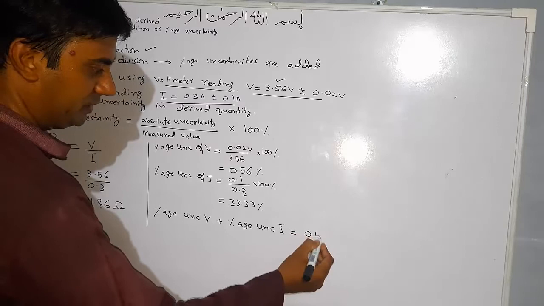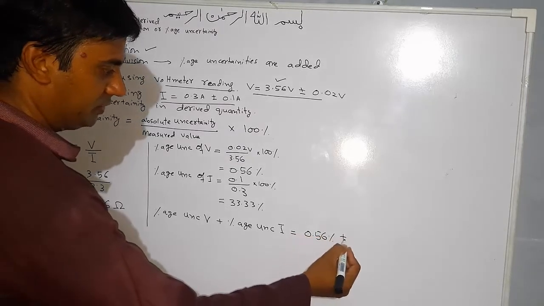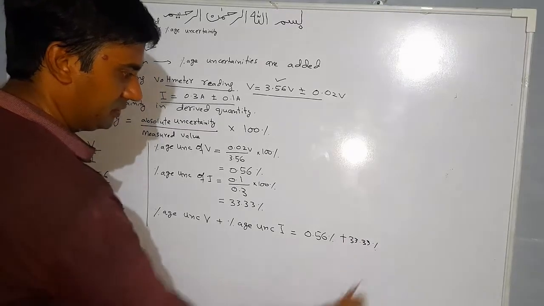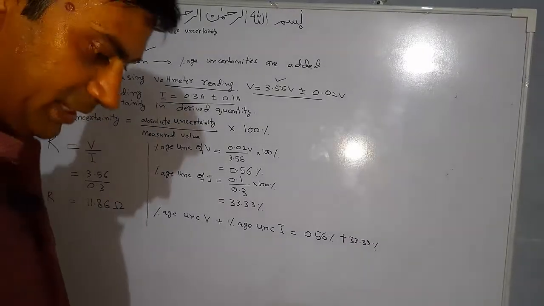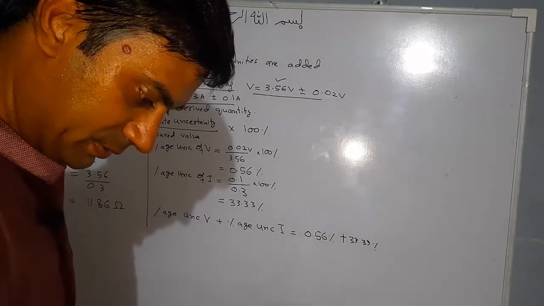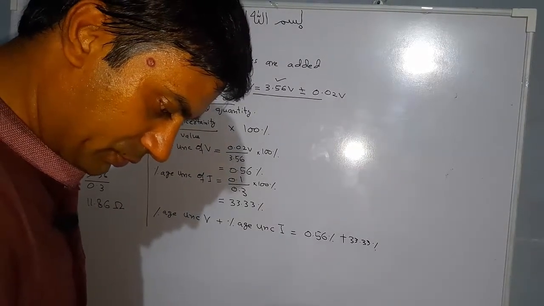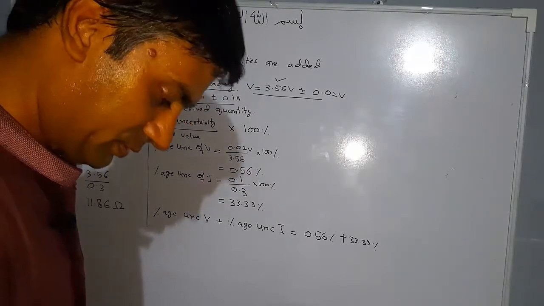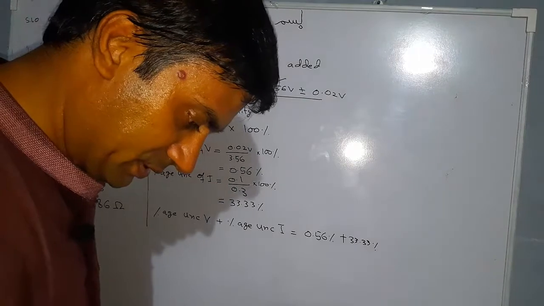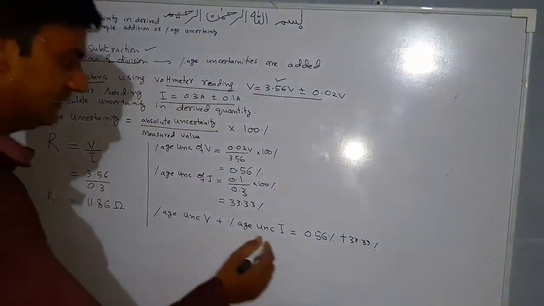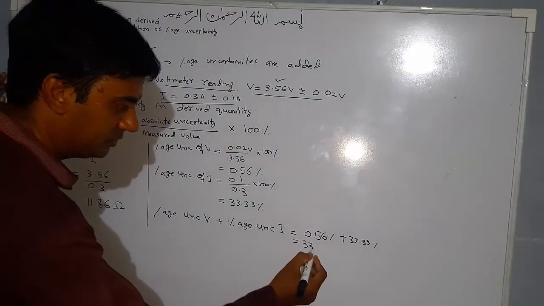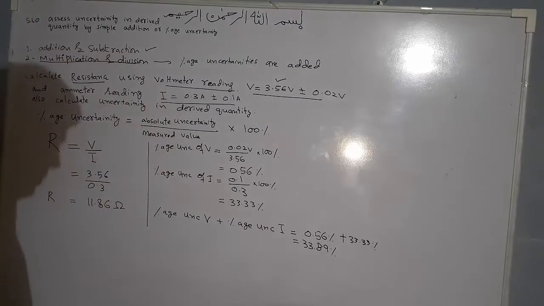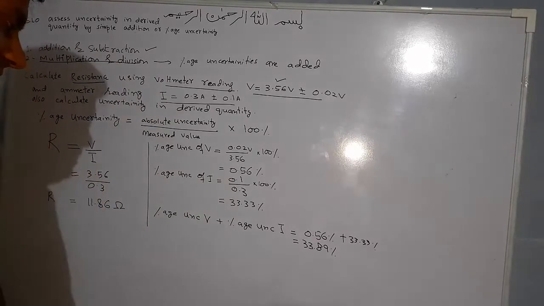So 33.33 plus 0.56 will be 33.89%. This is the percentage we have calculated right here, 33.89%.